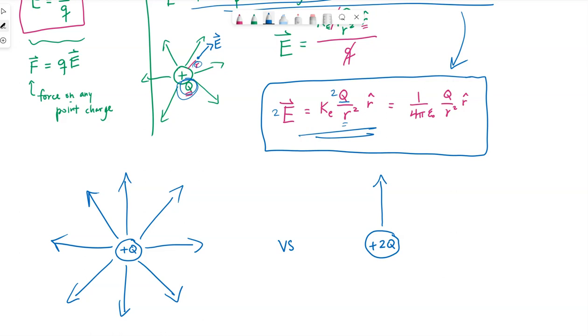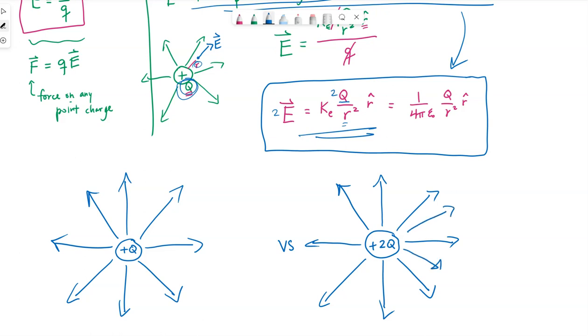To represent that in a comparison, I shouldn't have drawn so many lines on Q. It's all good. So these are the lines for Q that I already drew, but pictorially, I would need to draw twice as many lines to represent there's twice the charge, which hopefully makes sense. If you remember, the closer the lines are, the bigger the field. Those lines are even closer, which means the field is even bigger around 2Q versus Q.